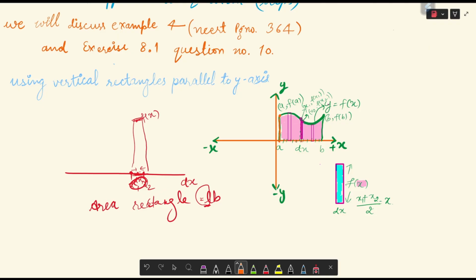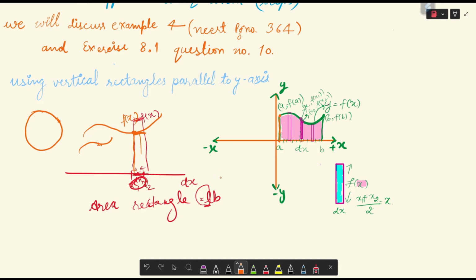If I take any point x1 here, and this is the graph, then this is the value f of x1. We will make a rectangle with this very small width. Now if this is a circle or a curve and we take a very small part, then it can be treated as a line.